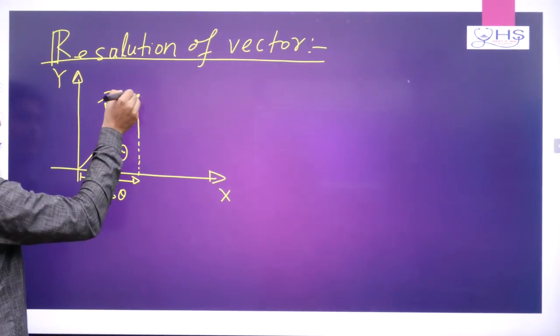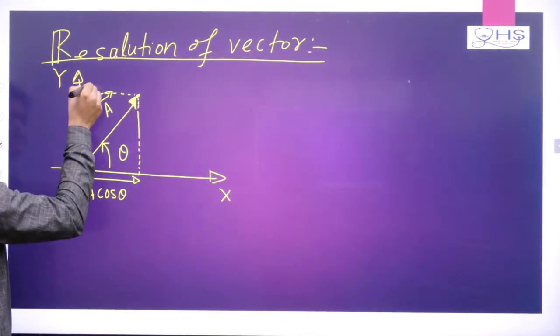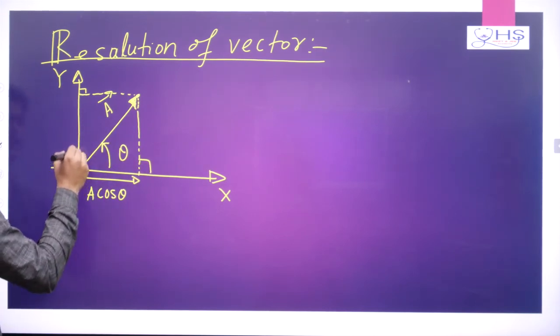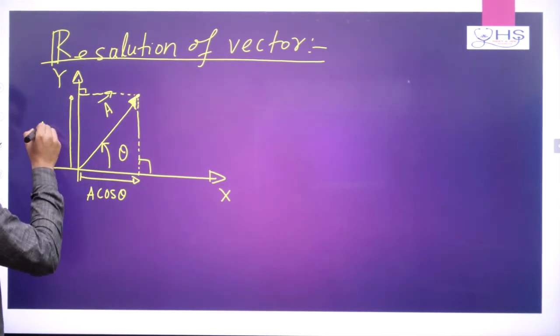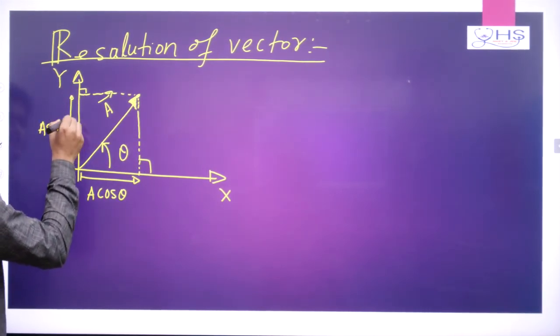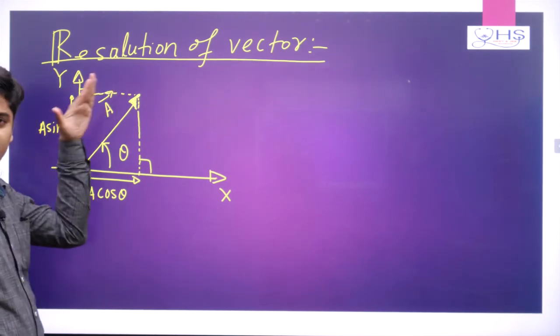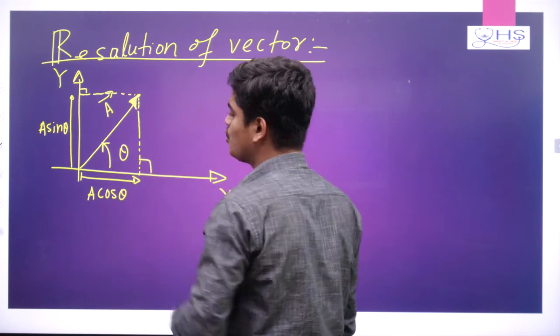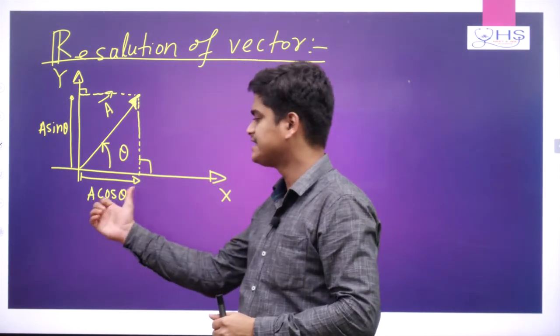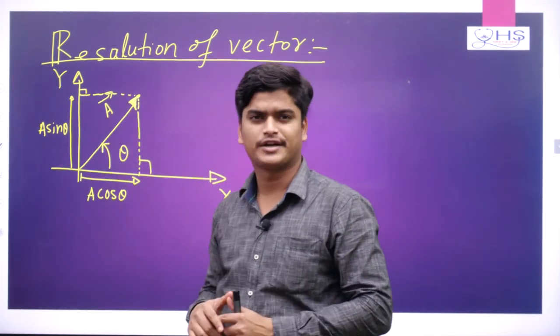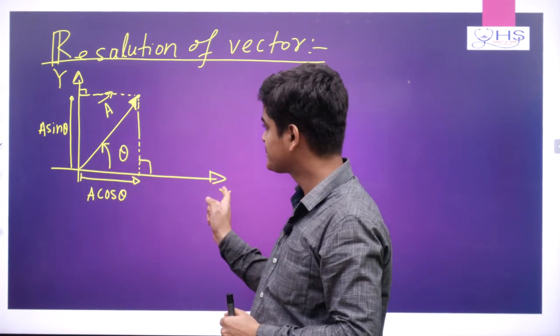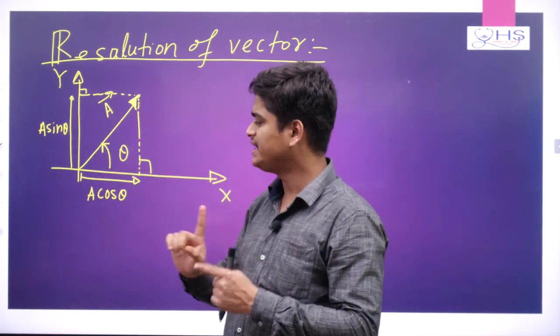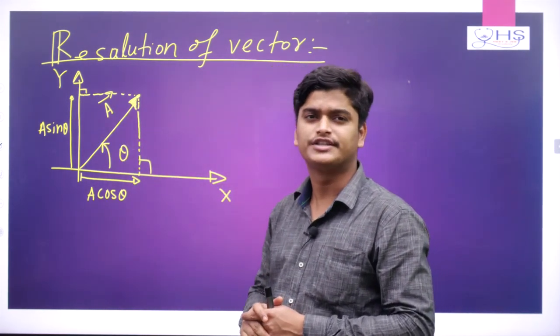And again you take a perpendicular towards the y axis. So this is the perpendicular made, and this length is your a sin theta. Now, a vector can be split into two components, one in the x direction and one in the y direction. And while splitting, remember that x and y should be at 90 degrees to each other.